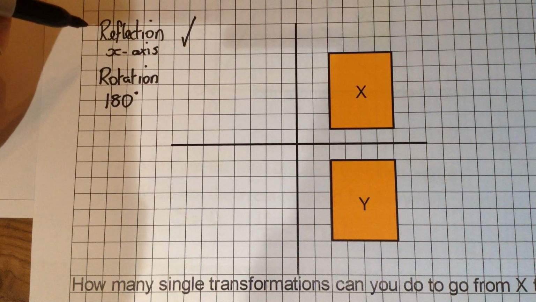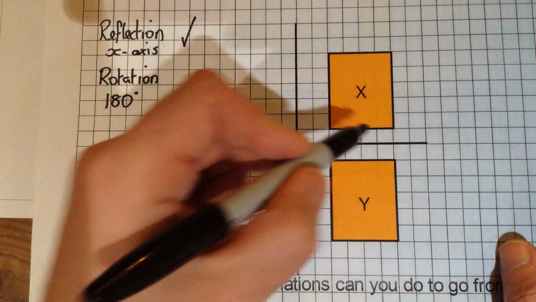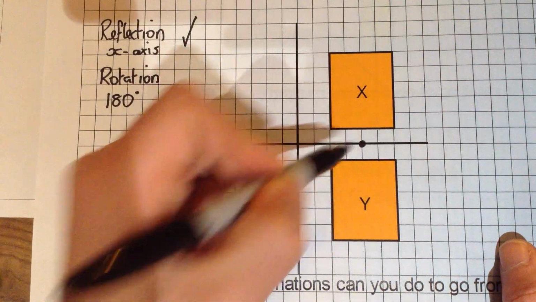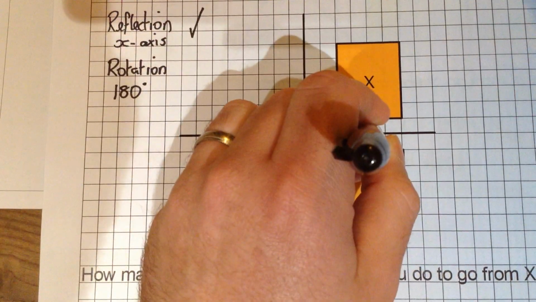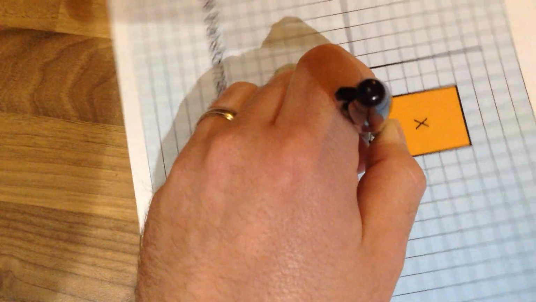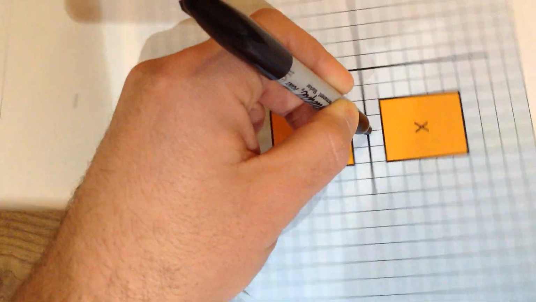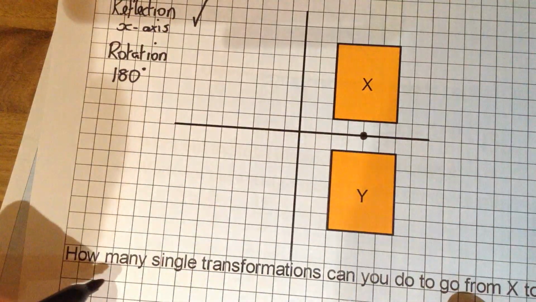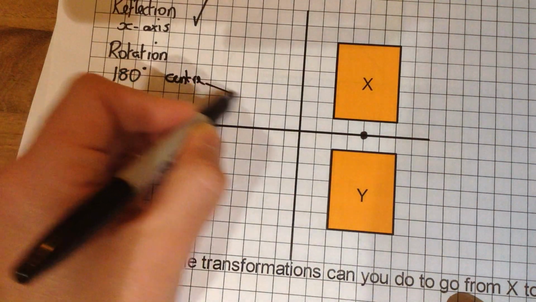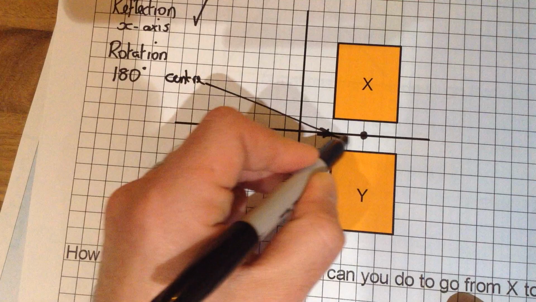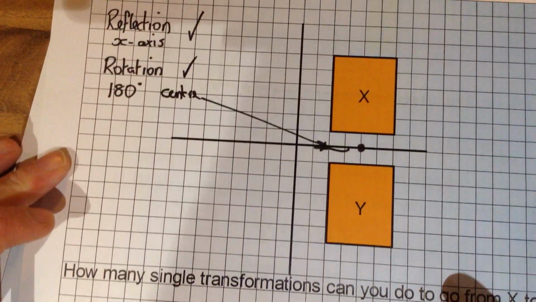And then your point of rotation, known as your centre, that would be the point where it is turned around. If we did it at that point there, just to prove, if I turned about that point, that is going to land exactly on top of itself when rotated about that point. So we would put that the centre is very simply that point there. So yes, there is a rotation that would work.